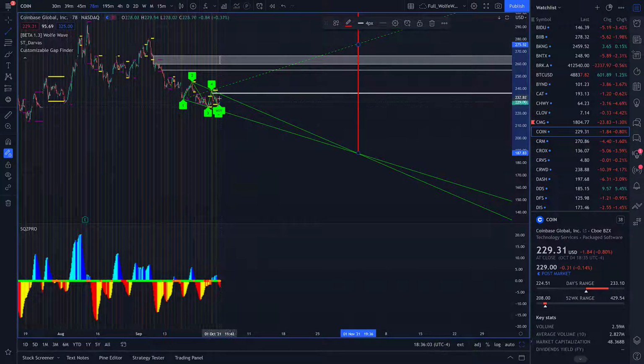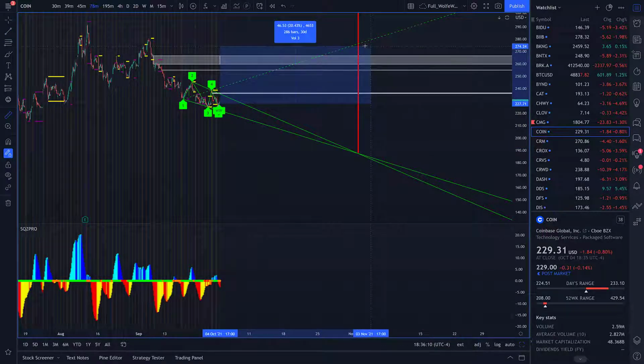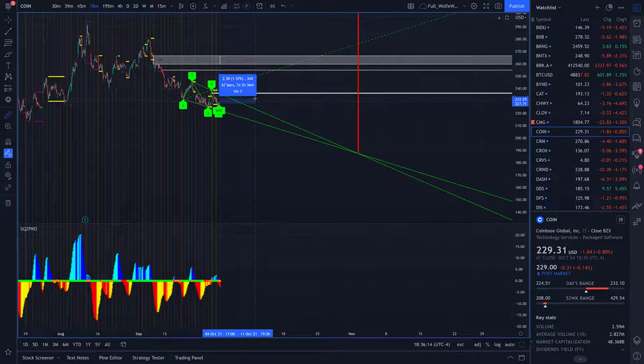And you can see that there's a potential trade setup that could push Coinbase up 21%, but that would require you to hold that position or open up contracts that are past November 1st, because it's going to take the whole entire month to get there, right?